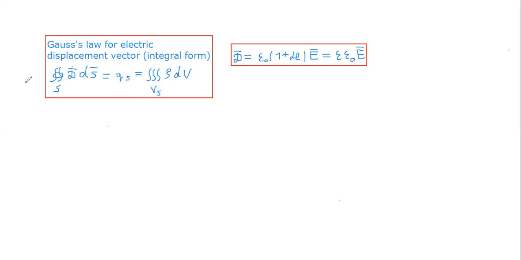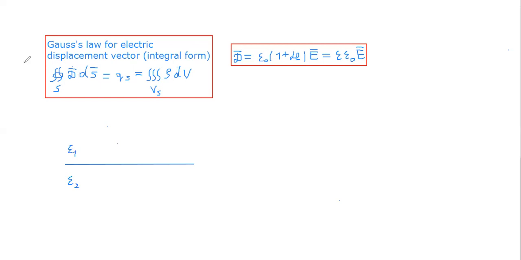It can be written like this. Yes, a surface that divides two types of dielectrics with relative permittivities epsilon 1 and epsilon 2, two types of dielectrics.